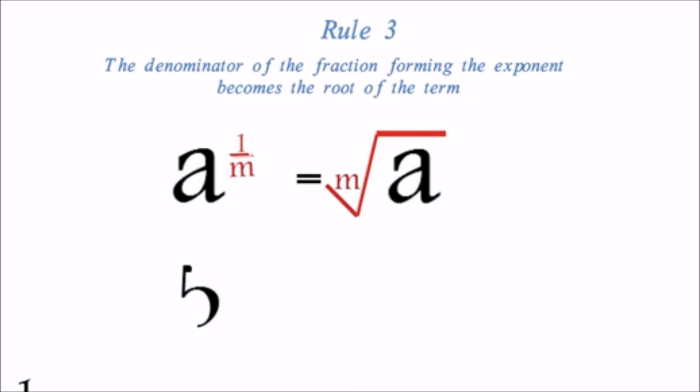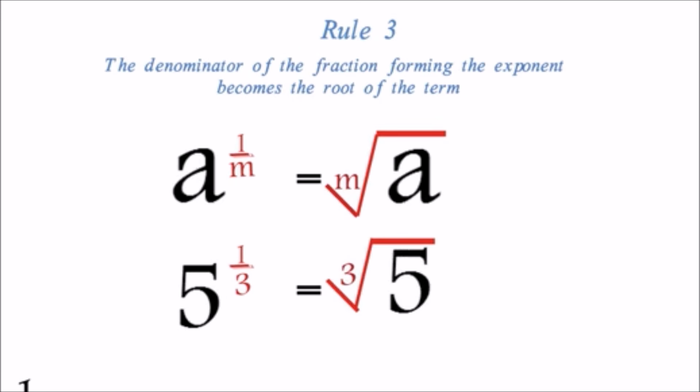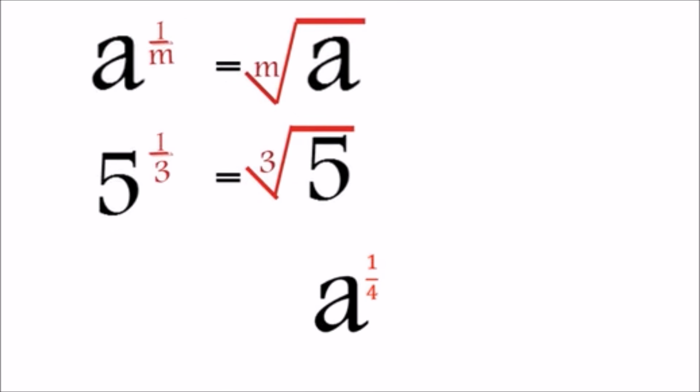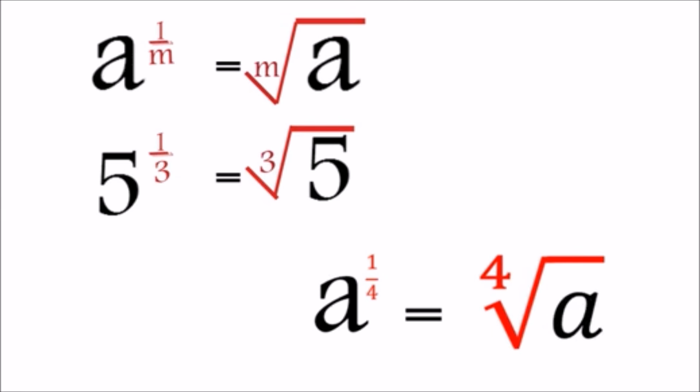Example, 5 exponent 1/3 equals the cube root of 5. Notice how the 3 became the cube root. Again, a exponent 1 over 4 equals the 4th root of a. Notice how the 4 became the 4th root.